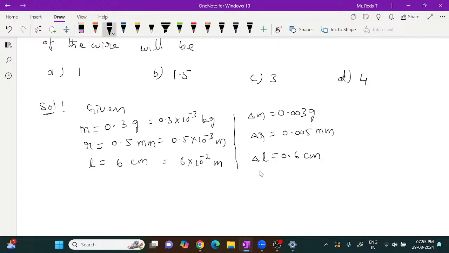Depending on the requirement, you can use the same units of grams, mm and centimeters while calculating the errors, maybe fractional error or relative error.